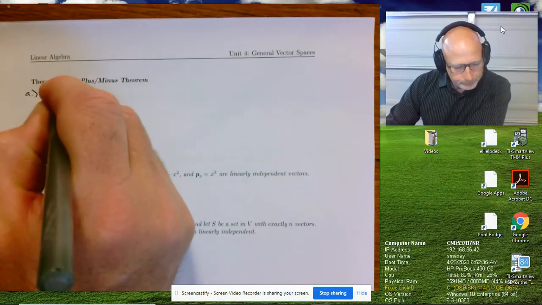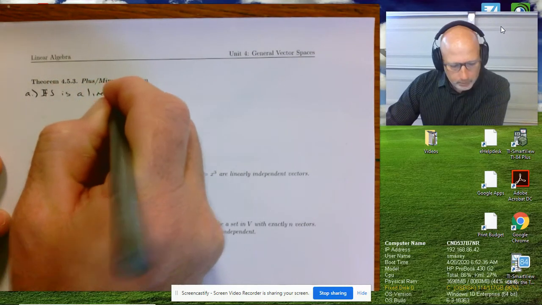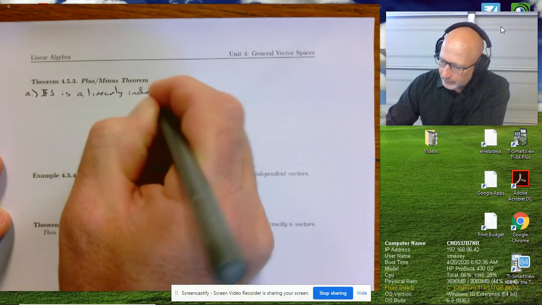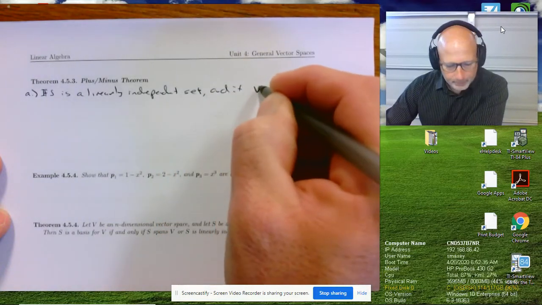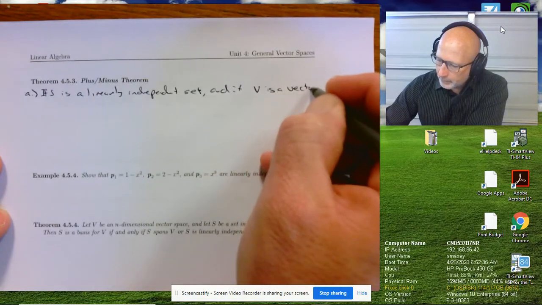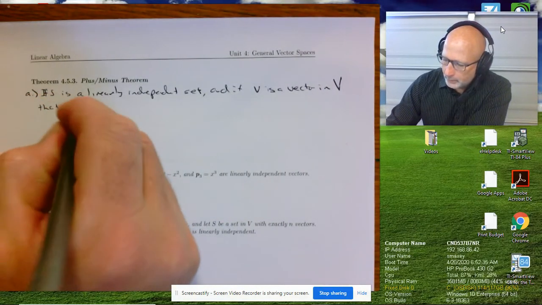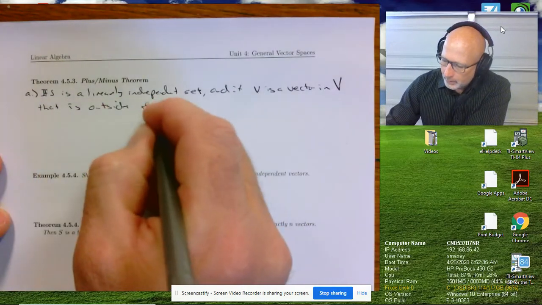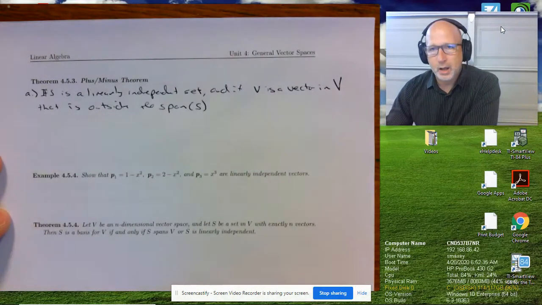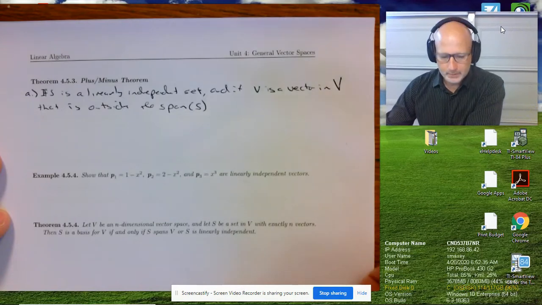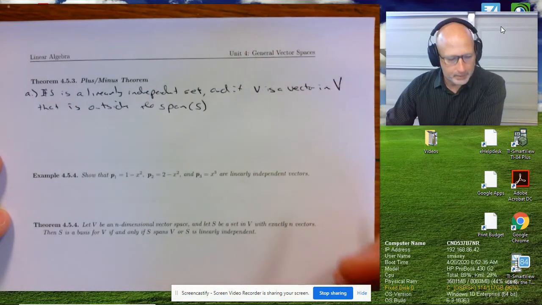So if S is a linearly independent set, and if V is a vector in big V that is outside the span of S. Okay, so you have a set S. If you span it all, and then you have this another random vector in V, if you take that and you add it to S, then it creates another linearly independent set.